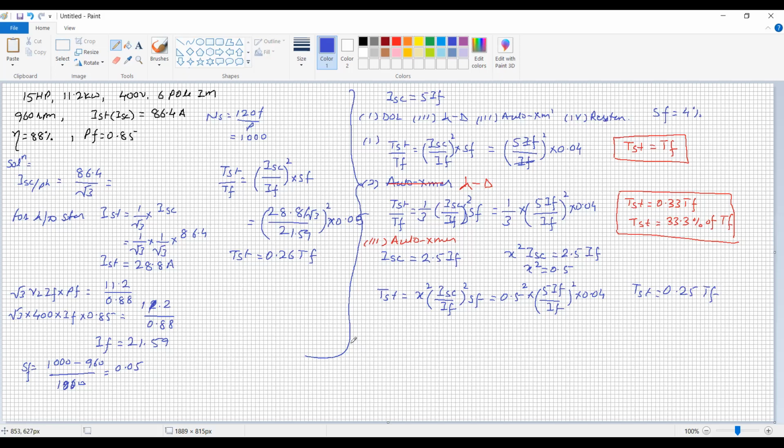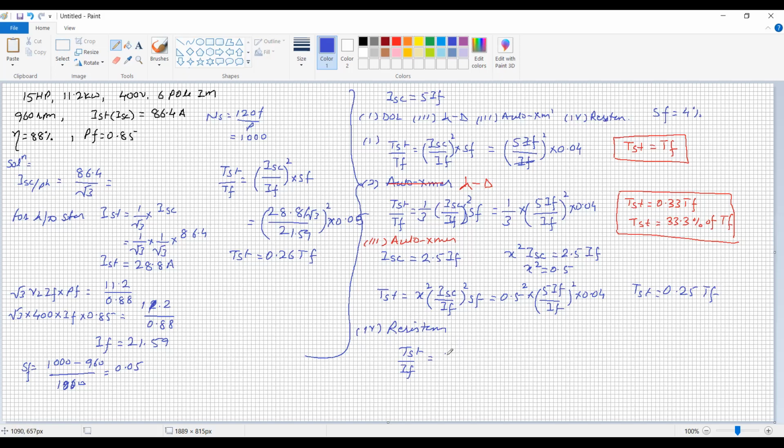Now by resistance starting, the fourth one is the resistance starting. So starting torque upon full load torque: the current is limited to 2.5 times the full load current.